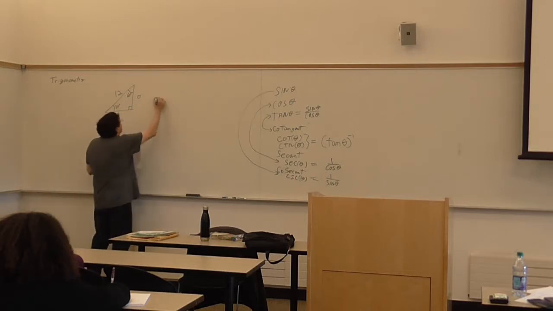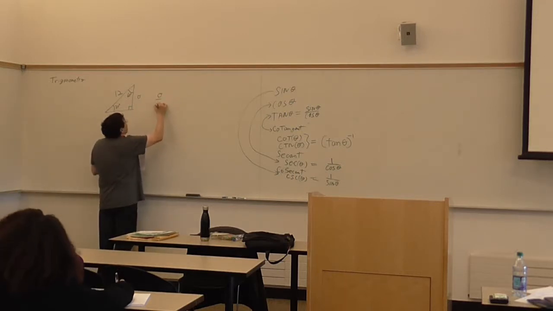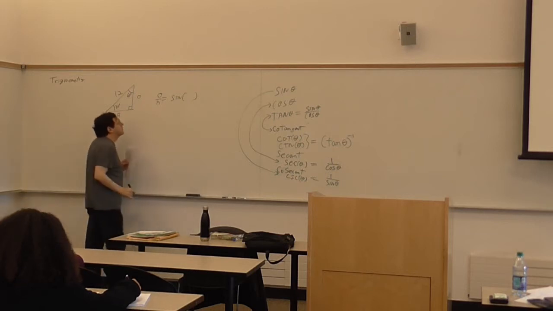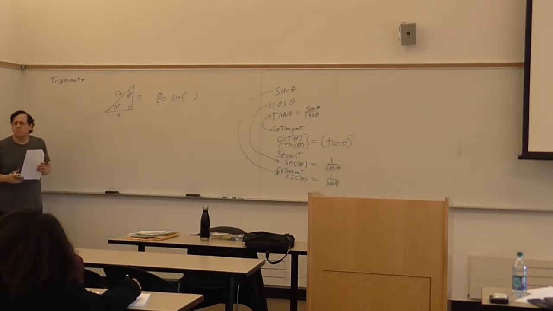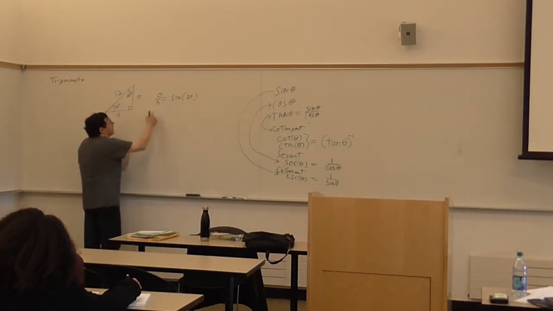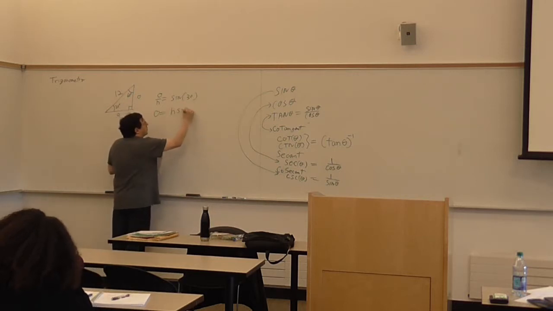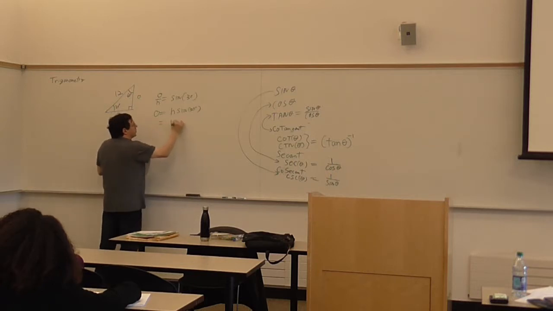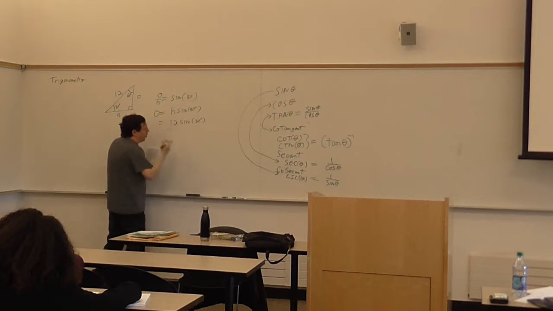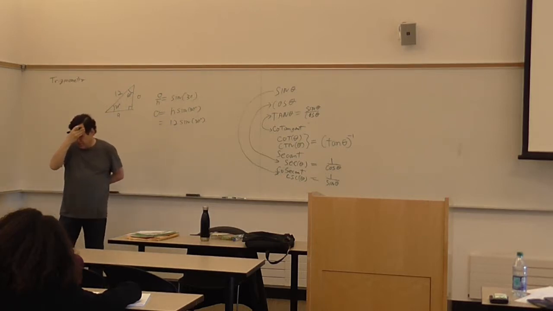I know that the opposite over the hypotenuse is going to be the sine of what angle? 30. And I know the hypotenuse, so I can rewrite this as O equals H sine 30 degrees. My H is, of course, 12. So now I just need to recall what the sine of 30 degrees is.